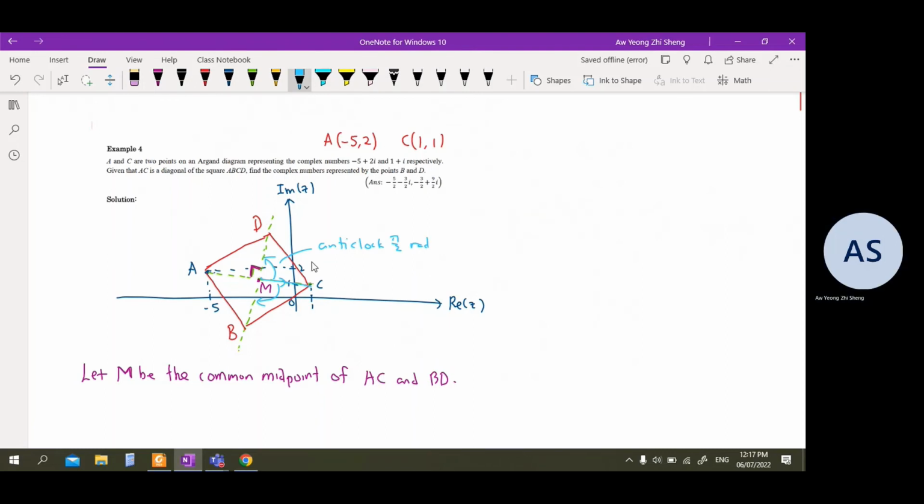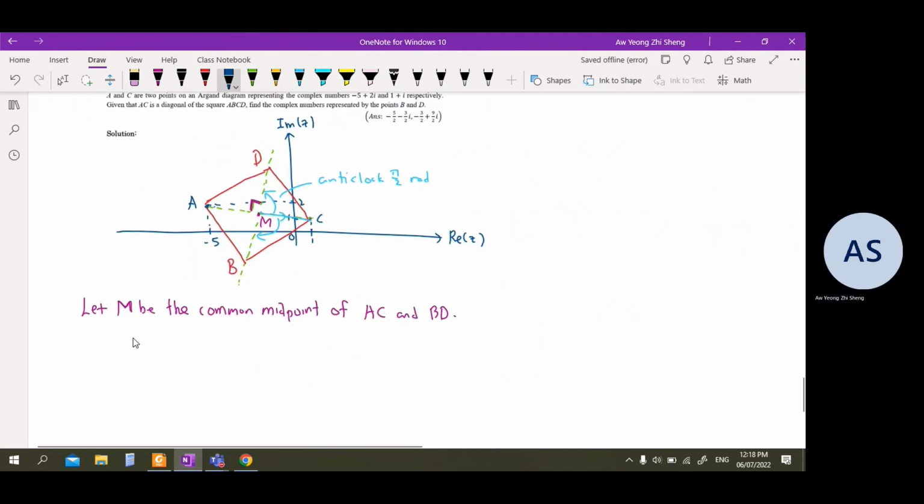Okay, so let's do some calculations here. Let's construct a table as usual, and I would also introduce some symbols to denote the complex numbers so that I don't have to do so many calculations when I construct the table. Okay, I will let A be the complex number minus 5 plus 2i, and let small letter c be the complex number 1 plus i. Okay, then I construct the table as usual.